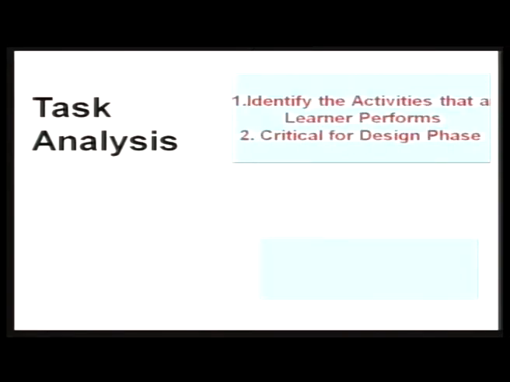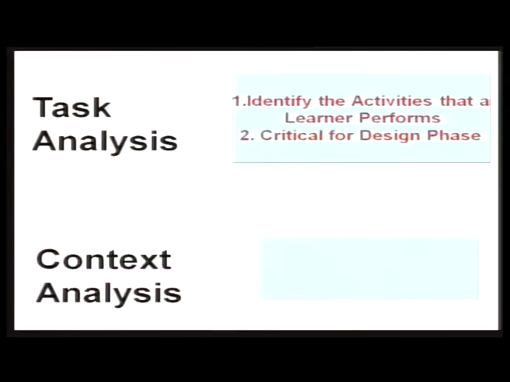So let us see what we have to find out under the task analysis. Here you have to identify the activities the learners need. Based on the learner's performance, you have to identify the activities. Then you have to identify the design, which will go into the design phase.